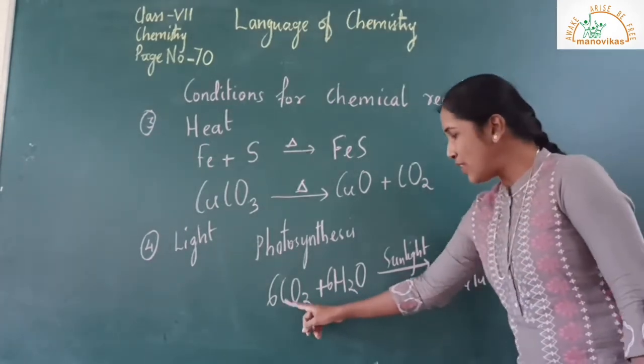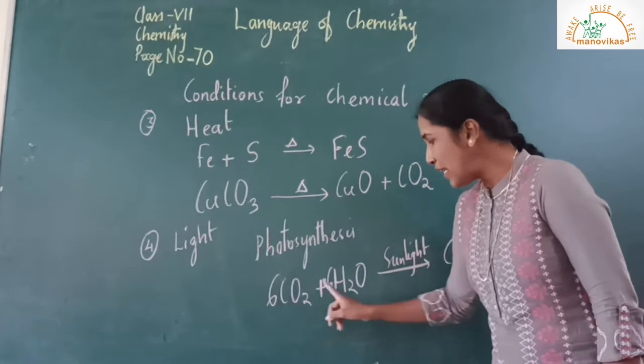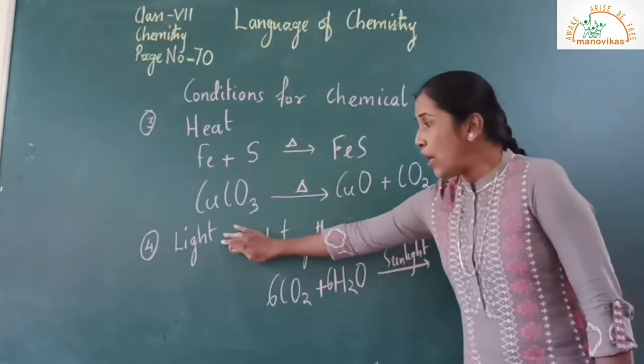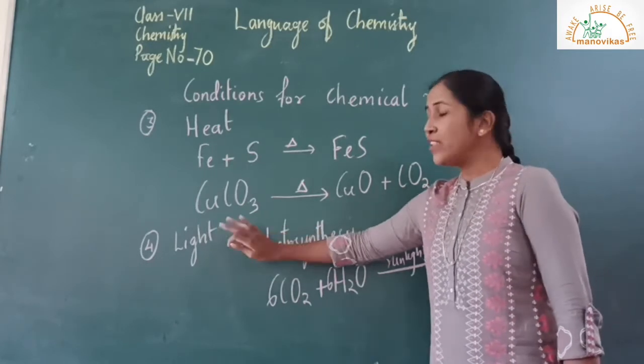So the reaction is balanced over here. 6 is used for balancing. You should only know how the reaction can take place and which are the conditions.